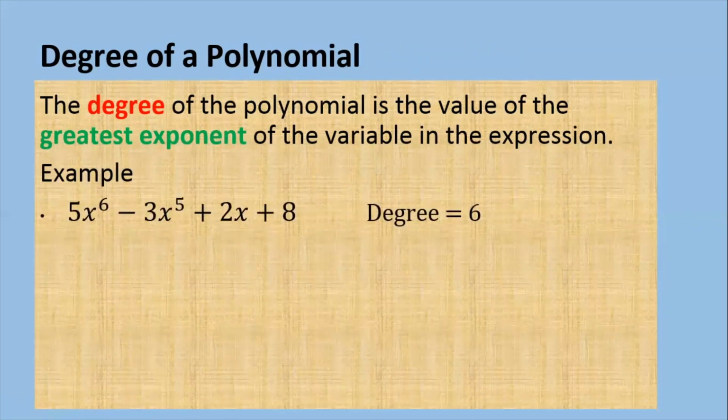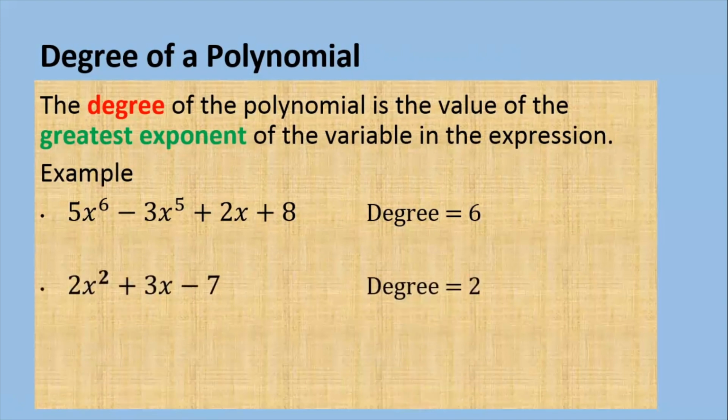In this polynomial, we have 5x power 6 minus 3x power 5 plus 2x plus 8. What is the value of the greatest power? Well, you have 2x, so that's x power 1. Here you've got x power 5 and x power 6. Which one is the greatest? x power 6. So the degree of this polynomial will be 6.